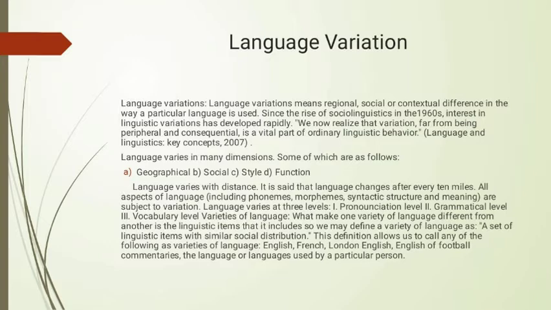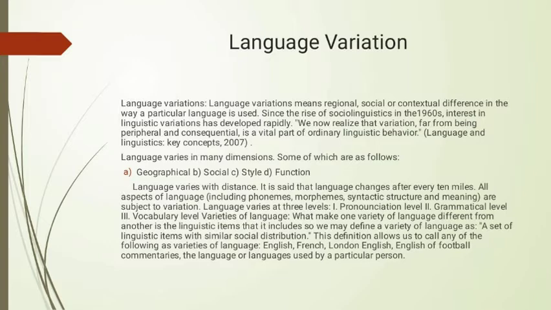We now realize that variation, far from being peripheral and inconsequential, is a vital part of ordinary linguistic behavior. Language varies in many dimensions, some of which are as follows: geographical, social, style, and function.